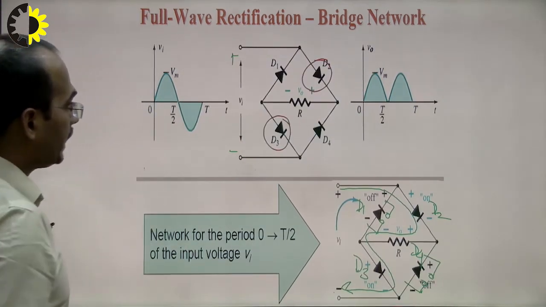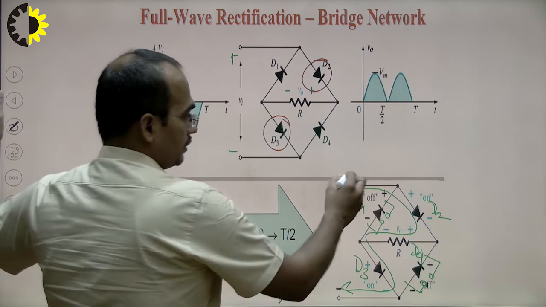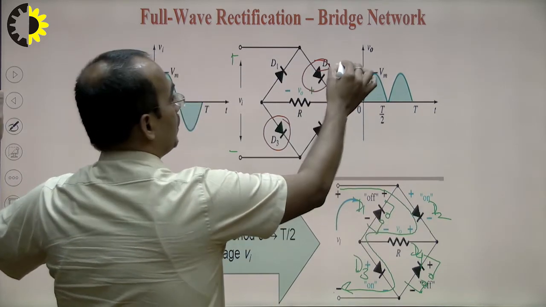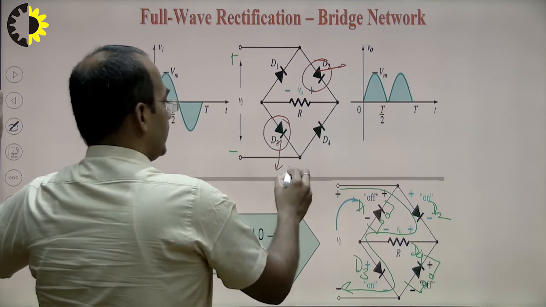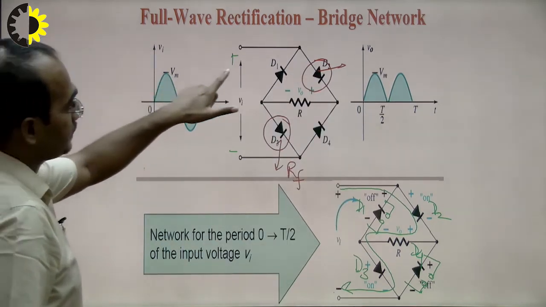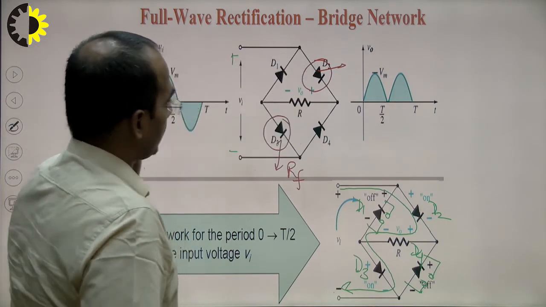If diodes D2 and D3 are conducting for the positive half cycle, you have to consider their forward resistance. If the forward resistance of the diode is RF, you can see that these two diodes are connected in series with this resistance.